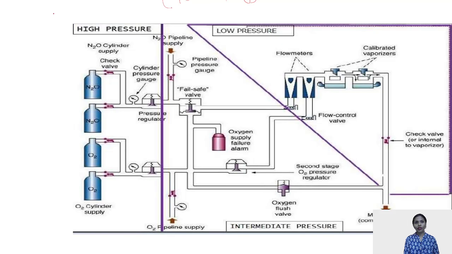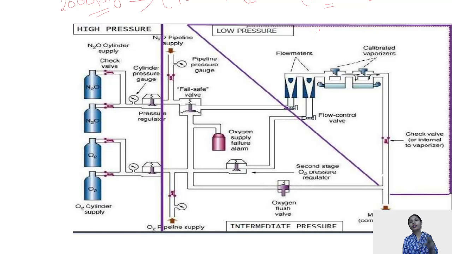The high pressure was at around 2000 psig. The first stage pressure regulator reduced it to 45 to 55 psig, and further it will be reduced to 15 to 20 psig via your second stage pressure regulator, which is the pressure of your low pressure system.